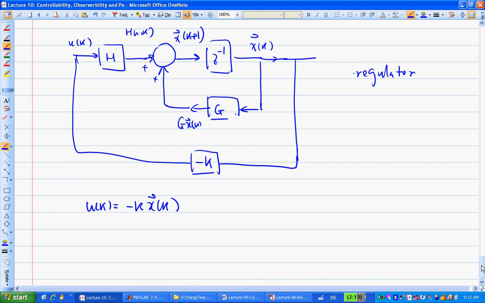So then what do we have? We have x of k plus 1 equals Gx of k minus H times u, so that's HKx of k.